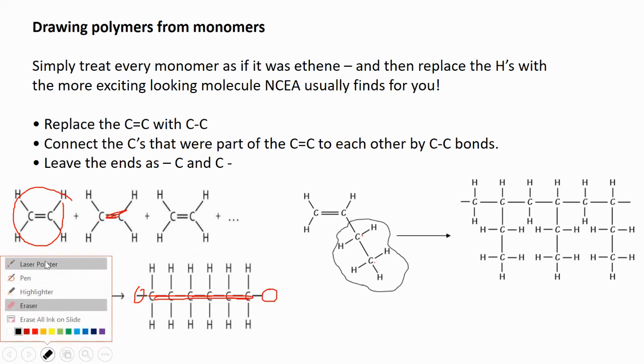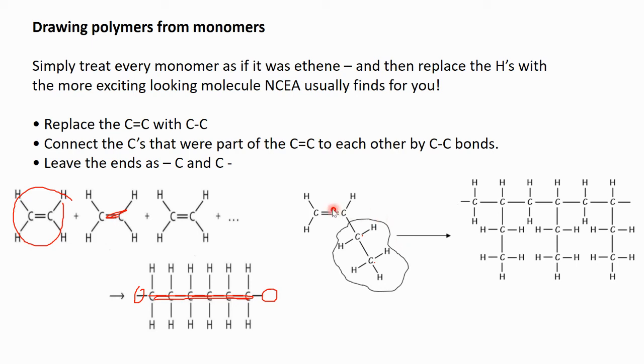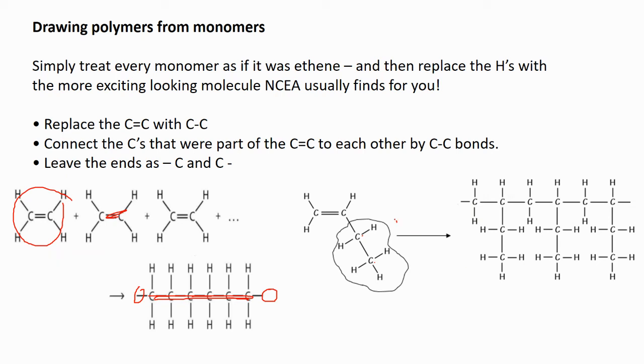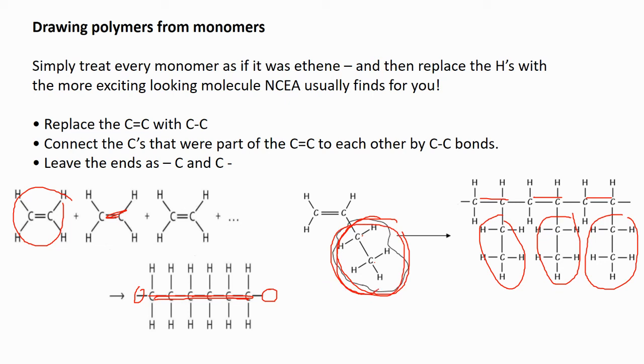So this goes over here, this bit here becomes this bit over here. And the side chain, this part here, just becomes this part here. Now draw 3 repeating units: 1, 2, 3. So it's opened up to form single bonds between the carbon chains, and then this part here is a side chain.